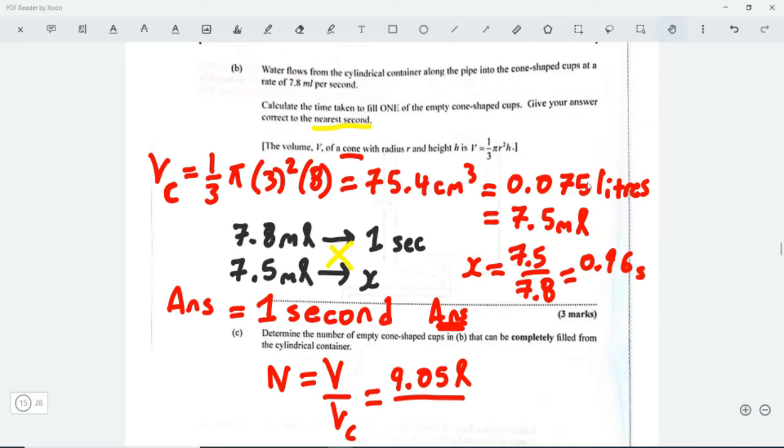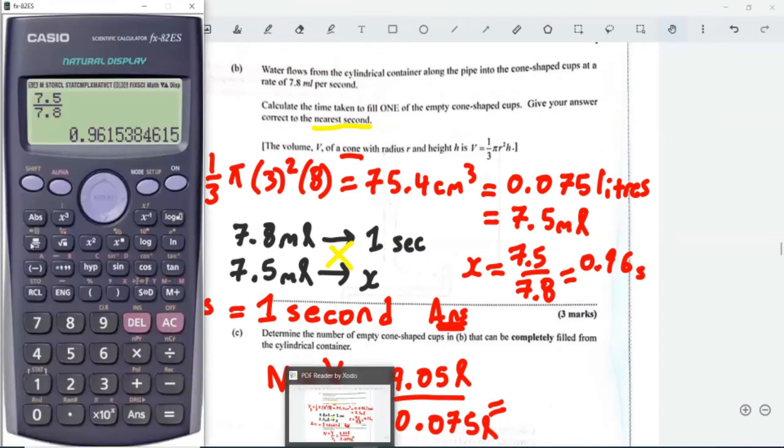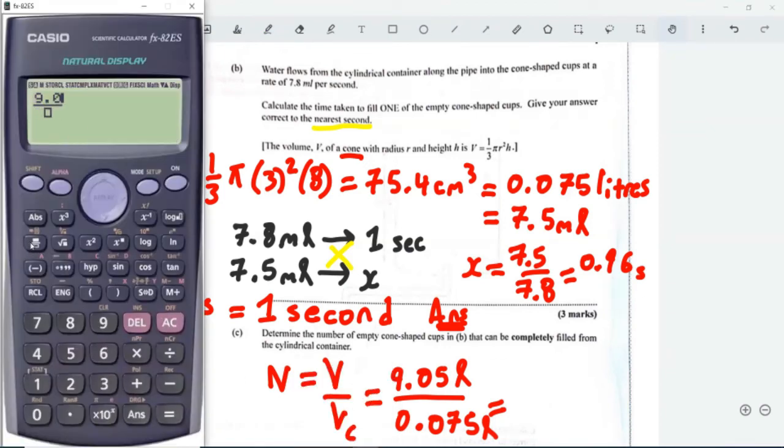So dividing by 0.075 liters, when you put that into your calculator and do the division, 9.05 over 0.075, that will give us 120.66.